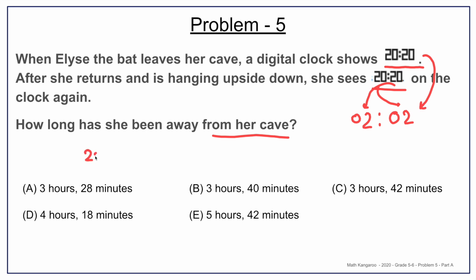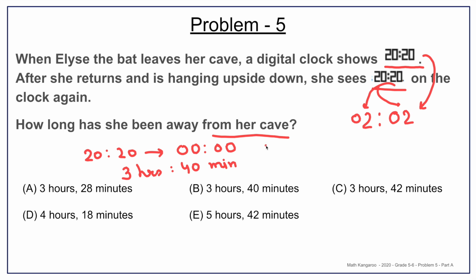So from 2020 to midnight, 00, it will be 3 hours and 40 minutes.